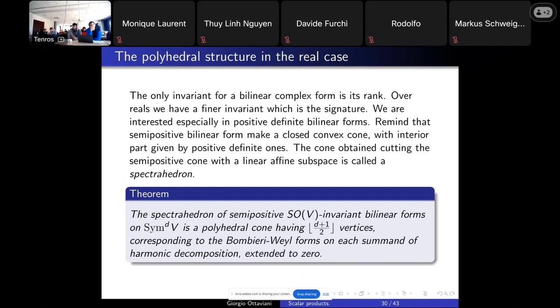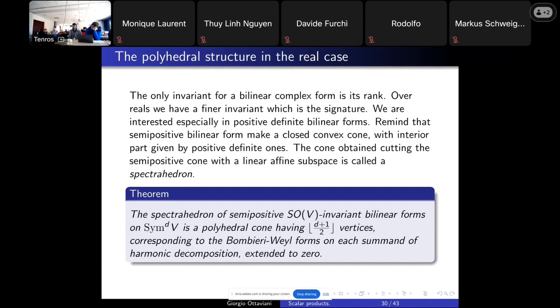Come back to the real case. In the real case, not only the non-degeneracy by linear is important, but the positive definiteness. So the cone of all the invariant metrics has a polyhedral structure.